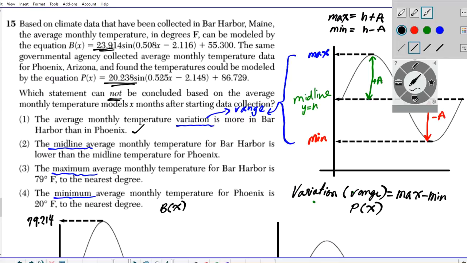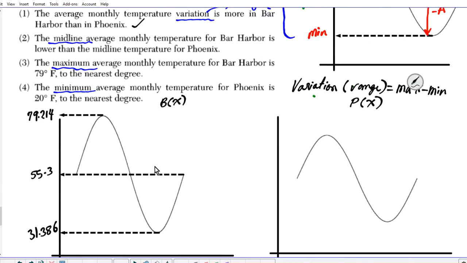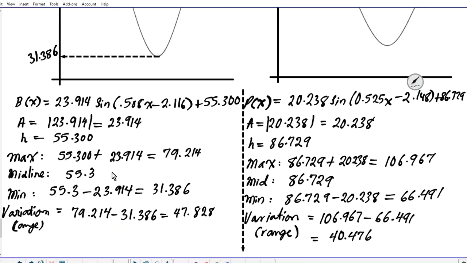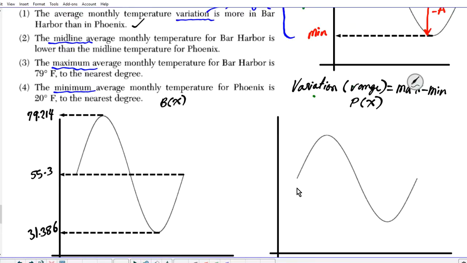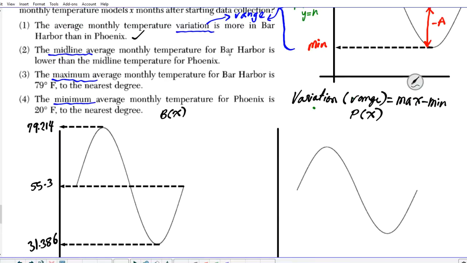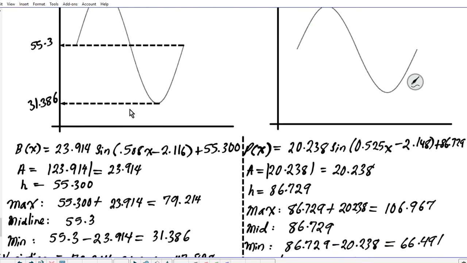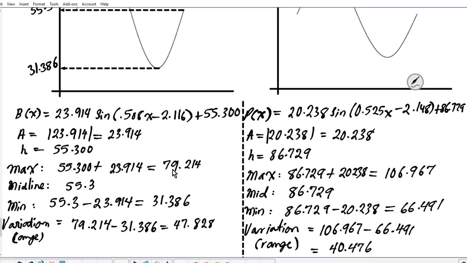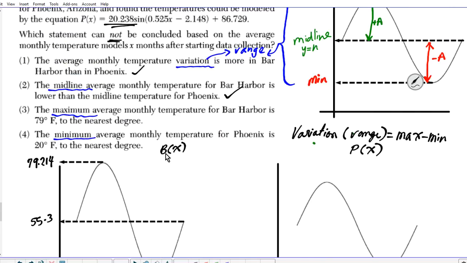Next one, midline of b of x is lower than midline of p of x. Let's see, midline of b of x is 55, midline of p of x is 86. That is true also. Next one, maximum of b of x is 79 degrees Fahrenheit when you round it up. That is correct.